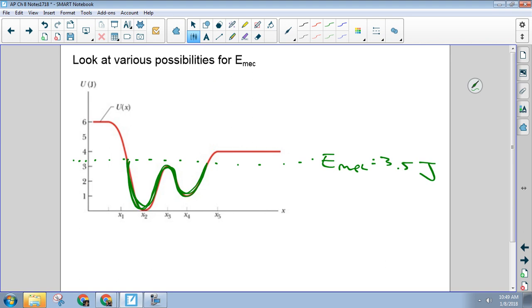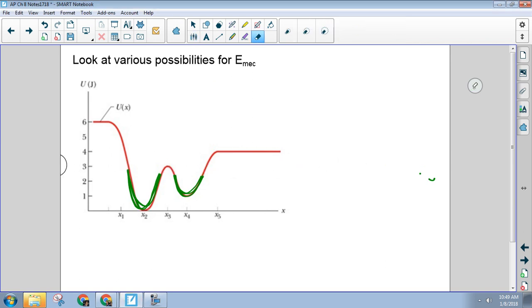Now, if your mechanical energy is, say, 2 joules, then there are 2 possibilities. You're either going to cycle in this well, or you're going to cycle in this well. Does that make sense?